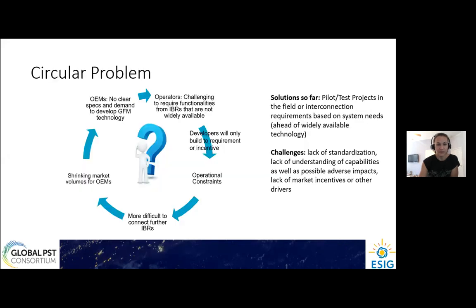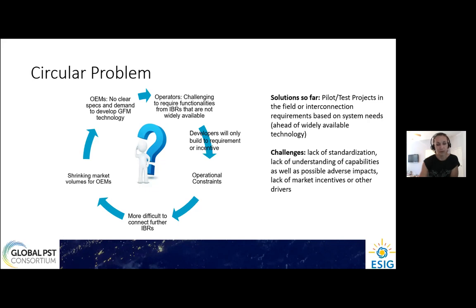You probably have seen this figure before, and I've been talking about it a number of times. I think we're still there, though we have started chipping away at this circle and solving some of the issues. Basically, the problem is that some systems are starting to face high levels of inverter-based resource penetration at certain times.